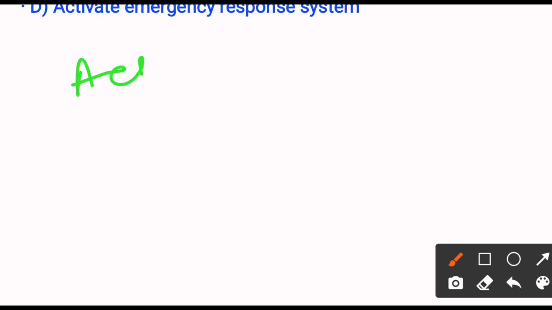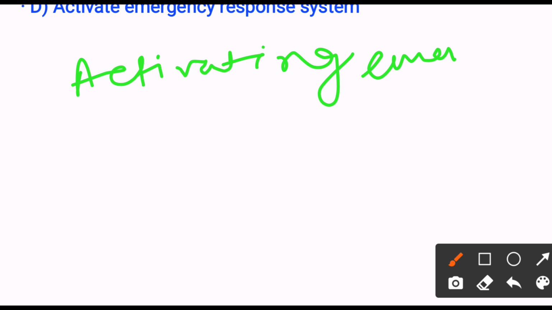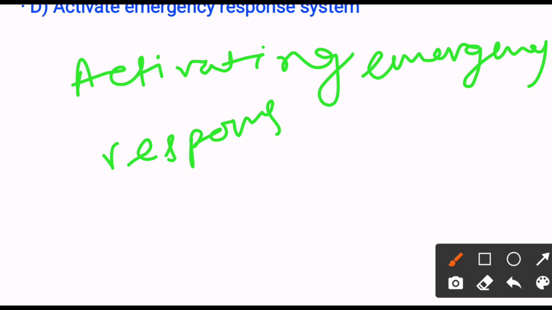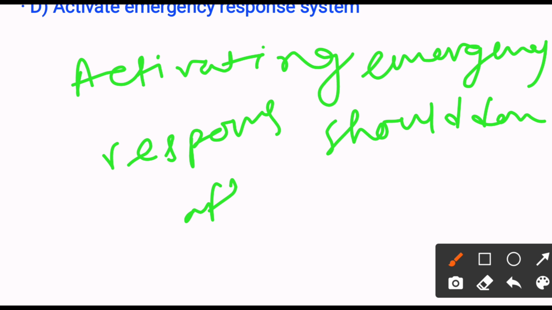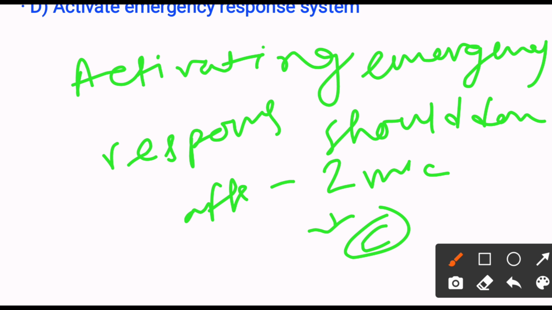Activating emergency response should be done after 2 minutes or by a second rescuer simultaneously. So the answer will be option C, start the chest compression immediately.